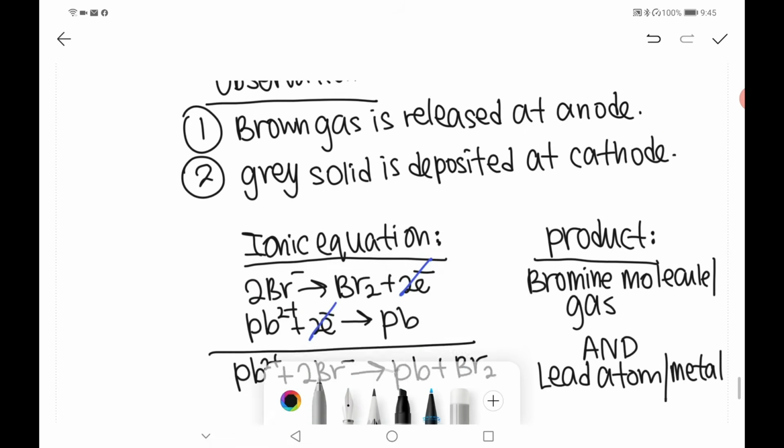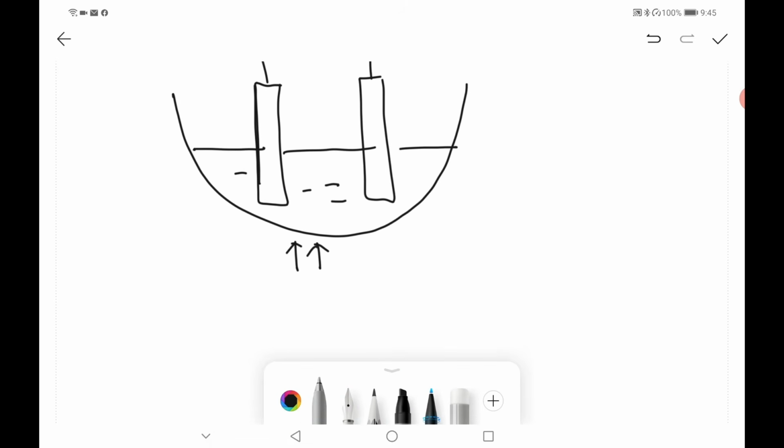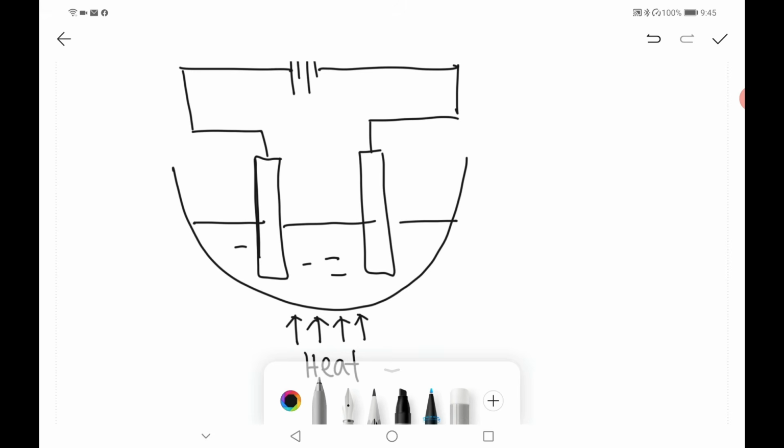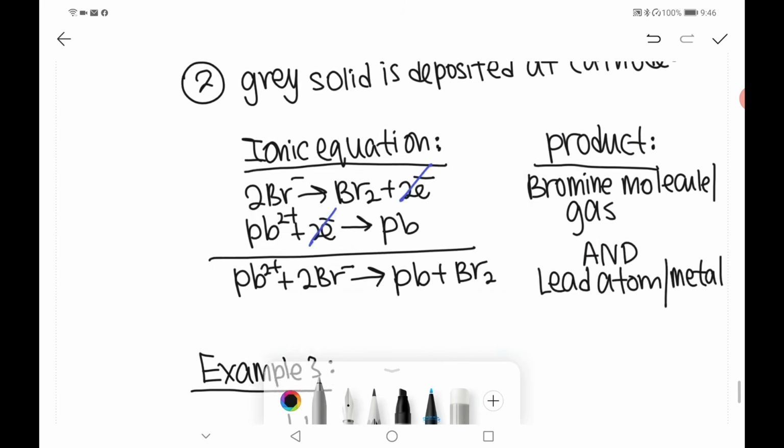We use a crucible because we want to heat the substance to melt it. Here we have a molten substance, let's say molten copper(II) oxide. Okay, so this is the diagram.